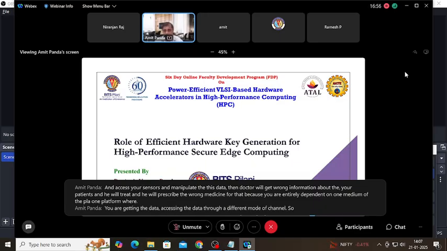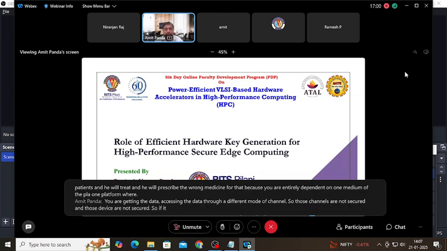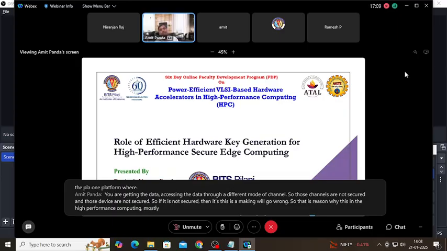Those channels are not secure and those devices are not secure. If it is not secure, then its decision making will go wrong. That is the reason why in high performance computing, mostly in edge computing, we need security.